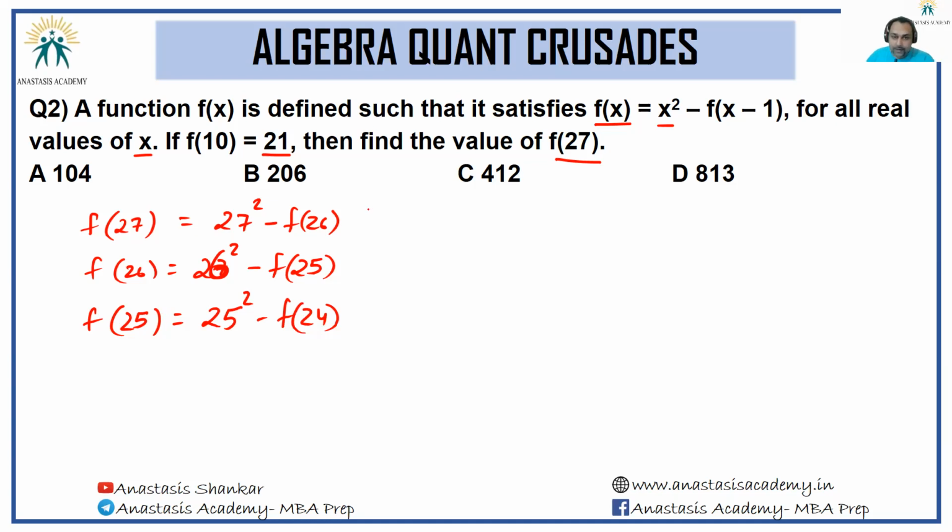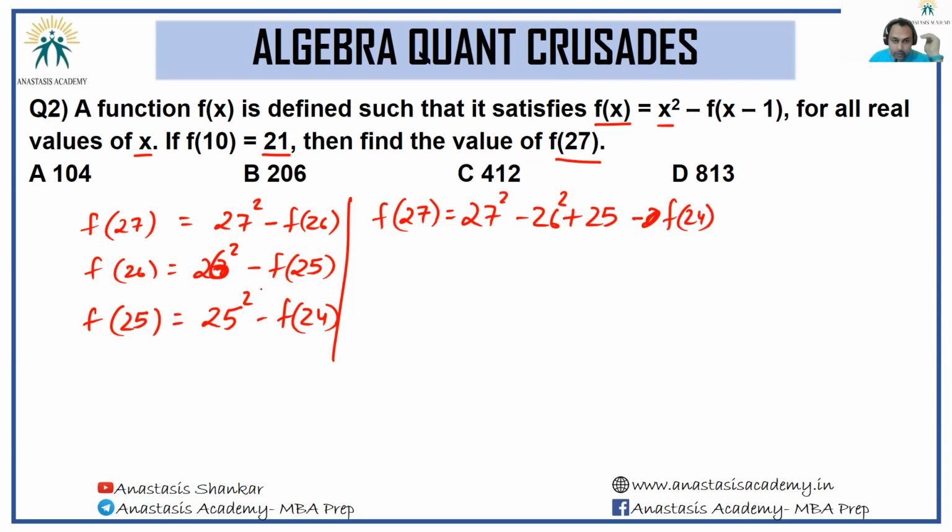If I replace it backwards, can I say f of 27 is equal to 27 square minus 26 square plus 25 square minus f of 24? I've simply put f(25) here. So minus 25 square plus f(24).